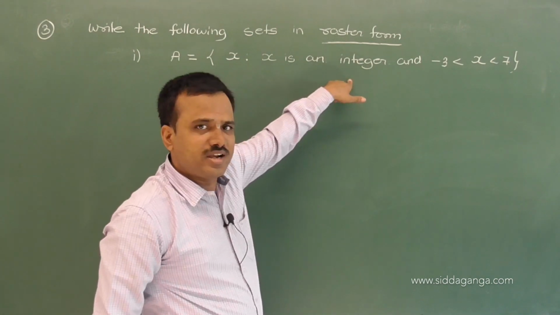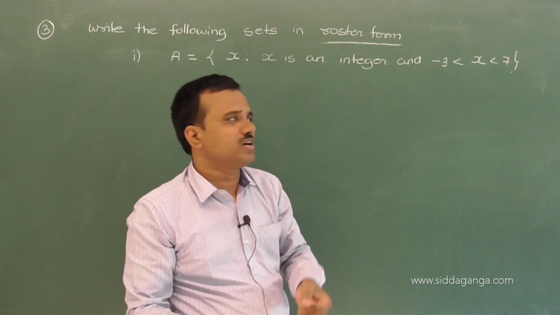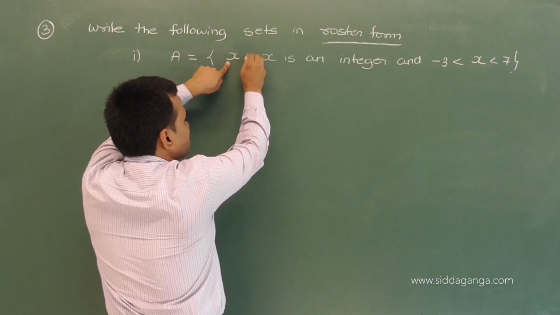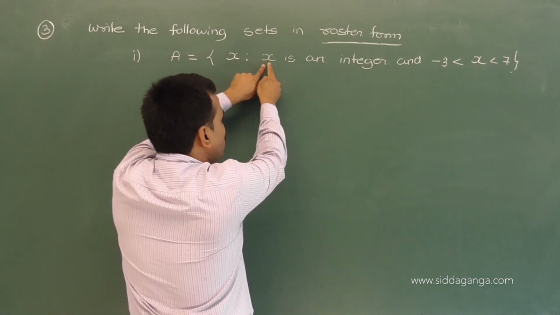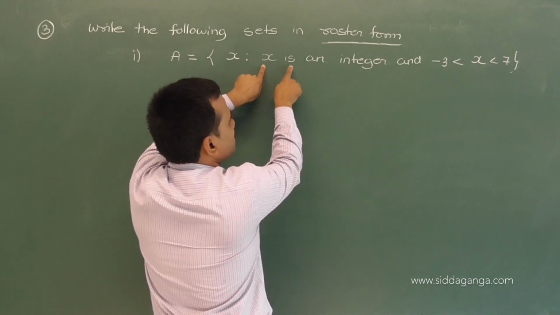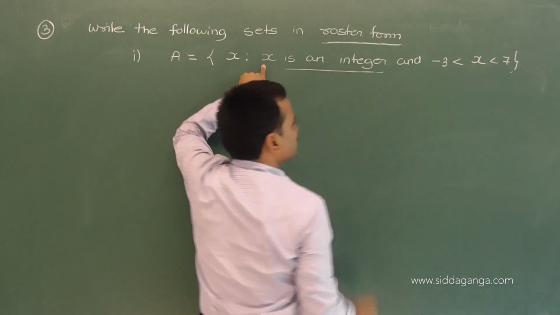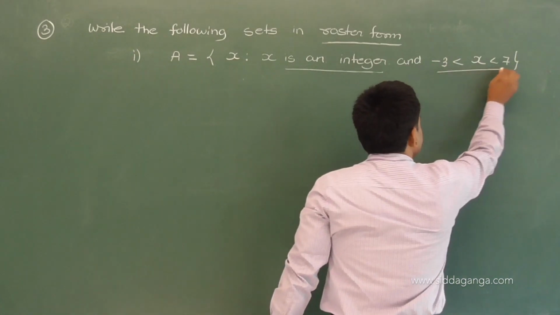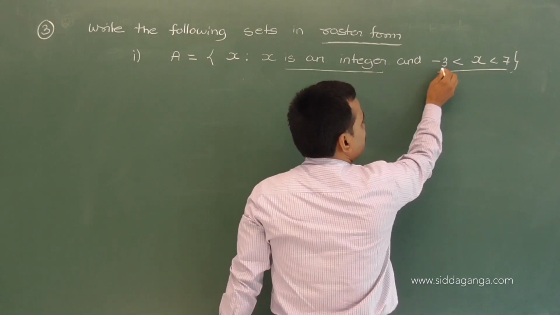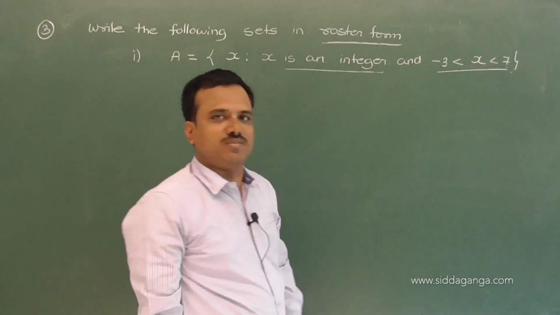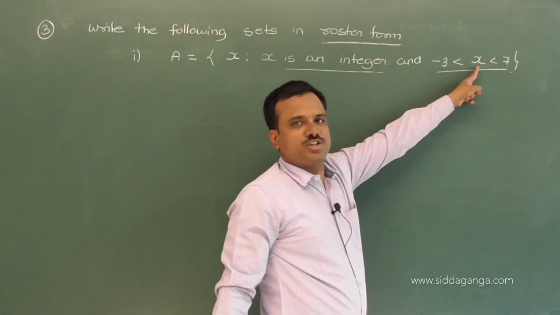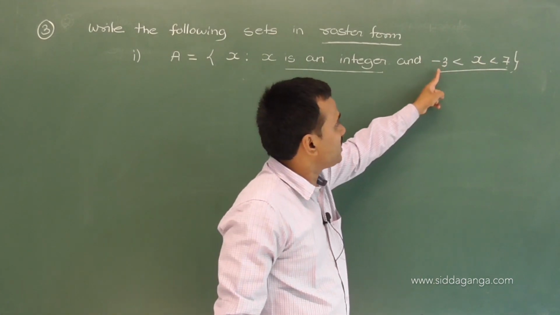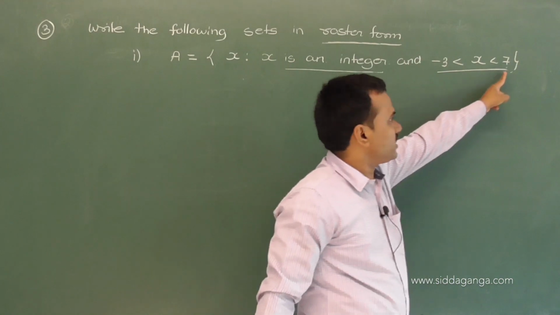Using this condition we build a set. Observe here, after "such that" they assign a rule for the given alphabet. What is the rule? It is an integer, and the integer must be greater than -3 and less than 7.